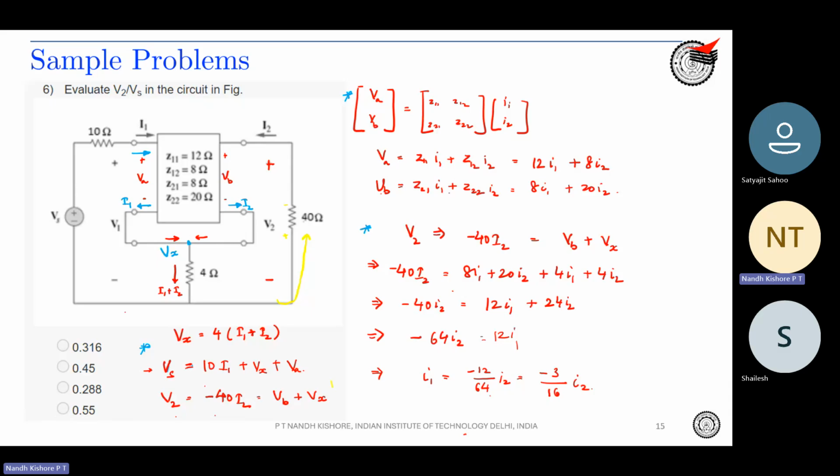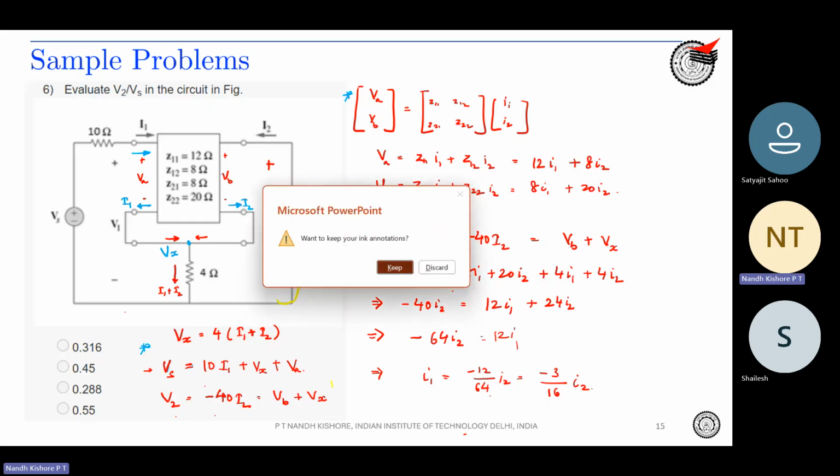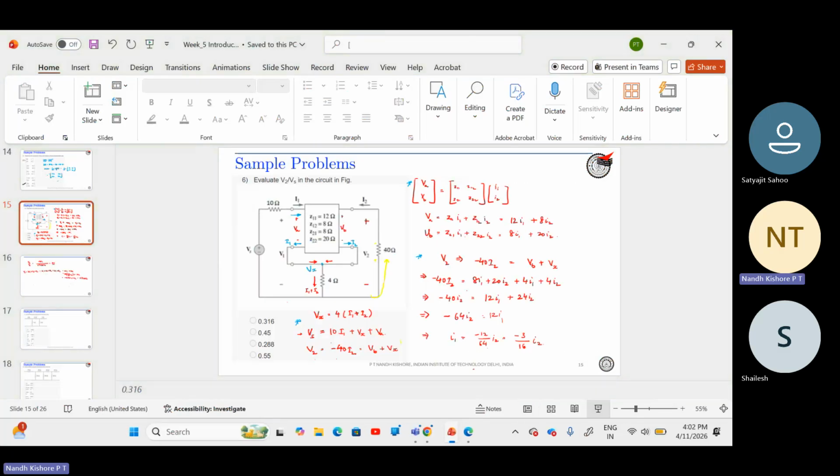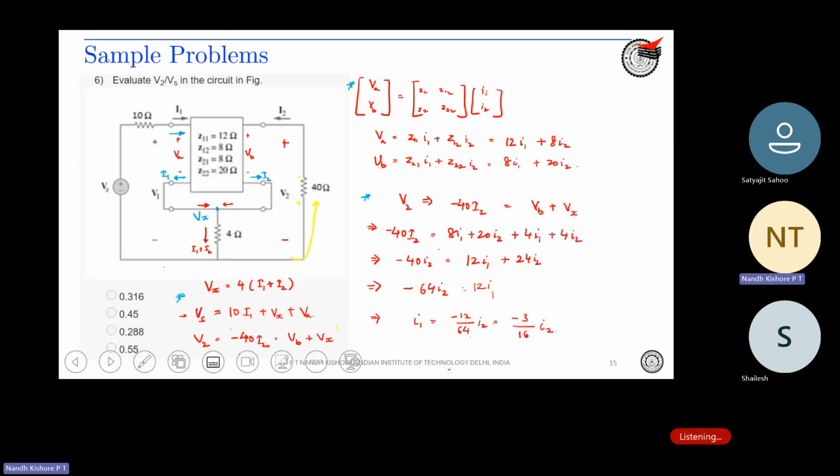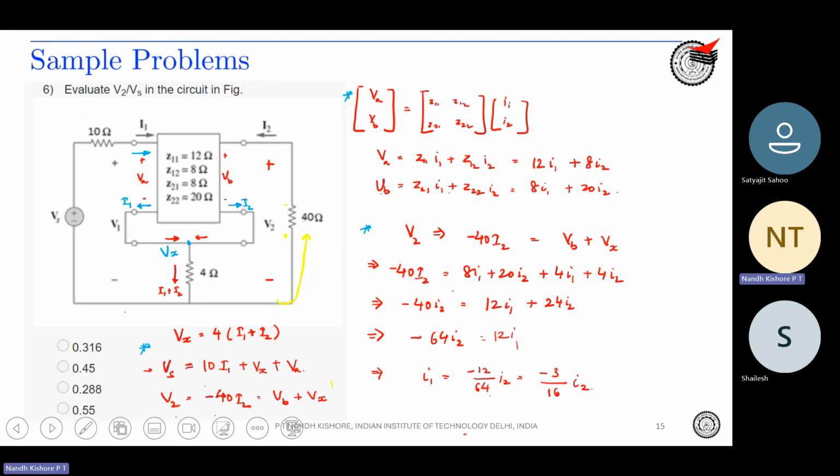Maybe we made some calculation mistake there. Just a second, I'm just checking. Yeah, so it is 0.316. So somewhere probably we have made some calculation mistake.